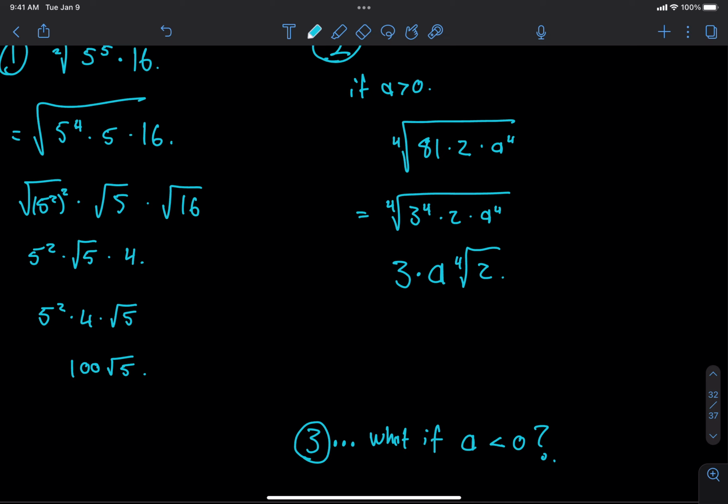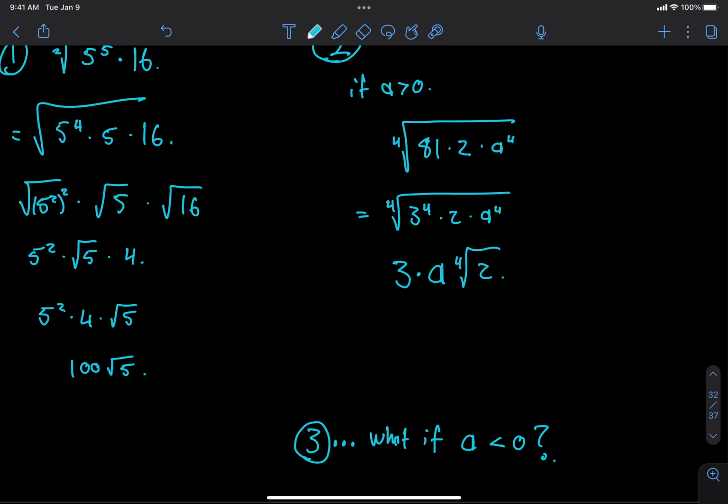It's going to be positive. So I take that negative number to the 4th power, now it's positive. Then I do the 4th root of the positive version. And what am I going to get here instead of the original number a? I'm going to get the absolute value of a.